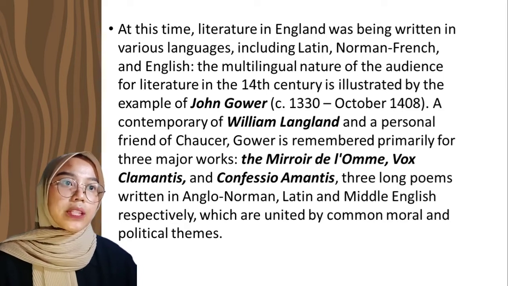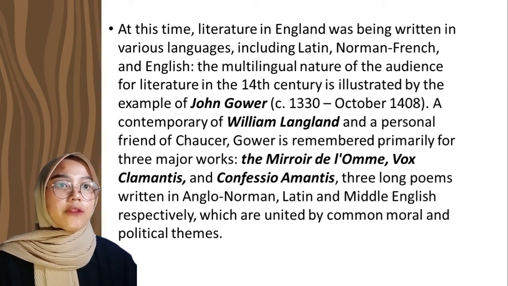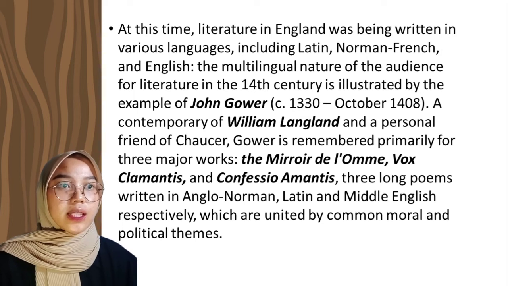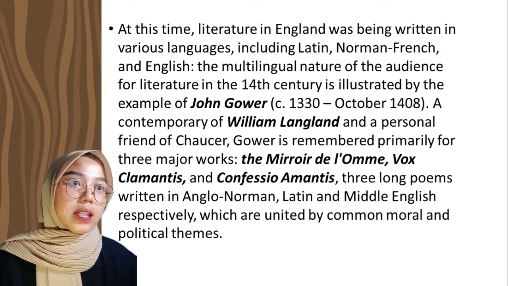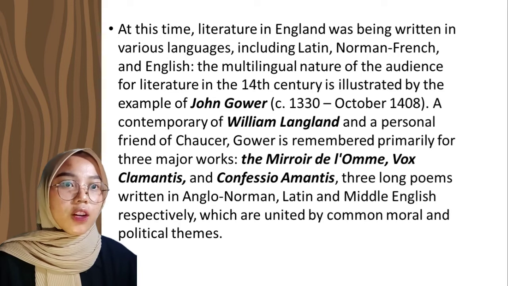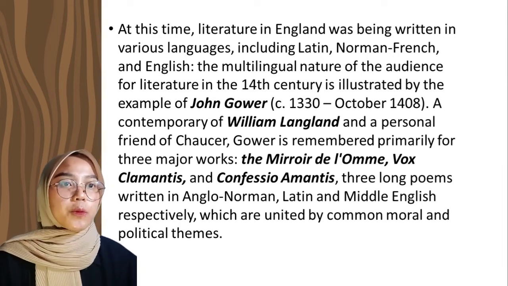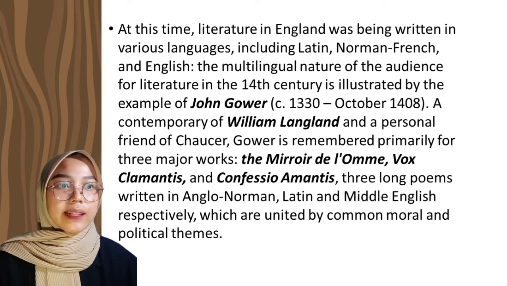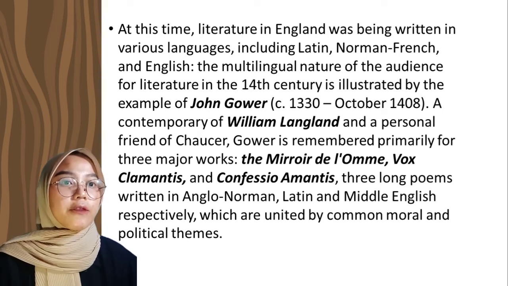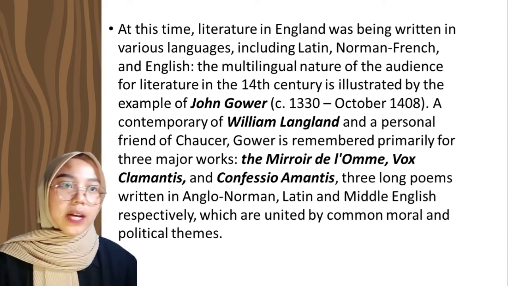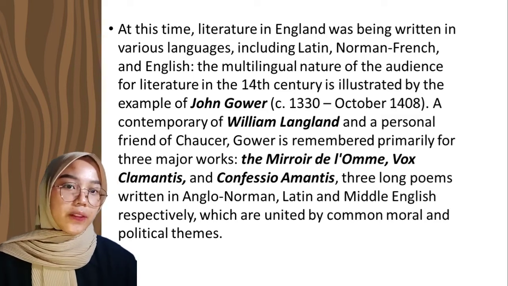Gower is remembered primarily for three major works: the Mirour de l'Homme, Vox Clamantis, and Confessio Amantis, three long poems written in Anglo-Norman, Latin, and Middle English respectively, which are united by common moral and political themes.